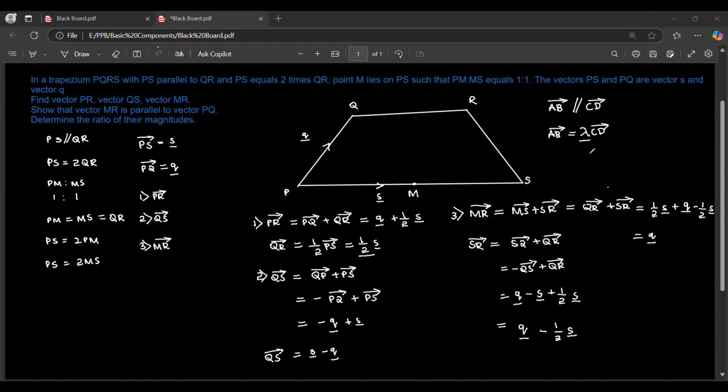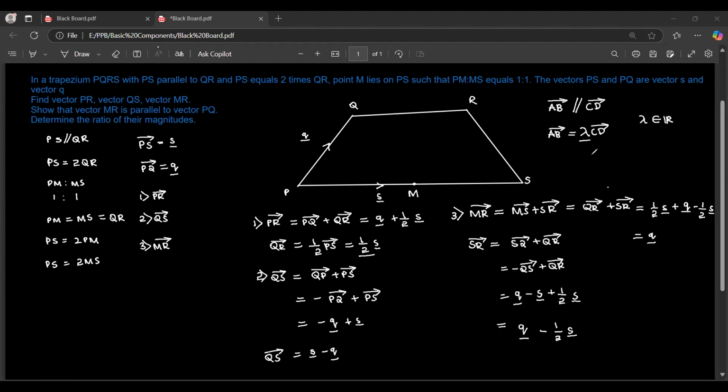Lambda can be any real value. Keep that in mind. Can lambda be any value? Yes, it can.